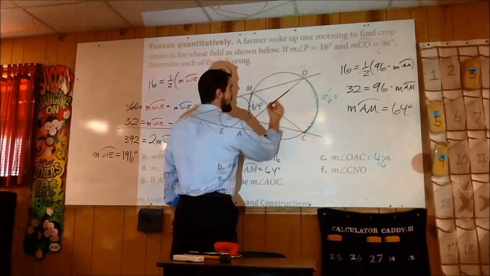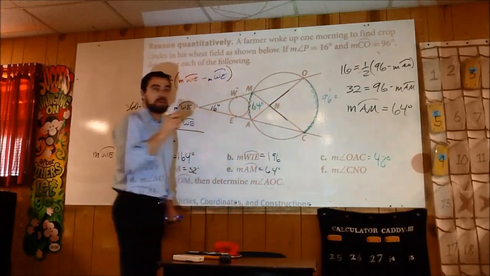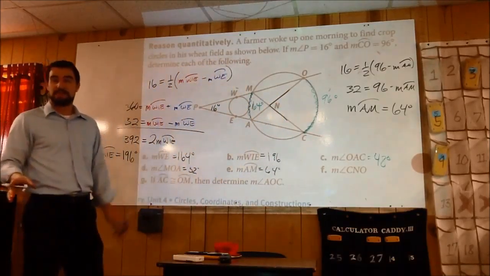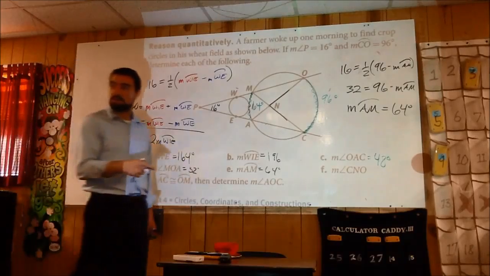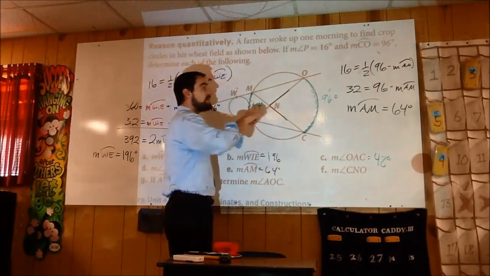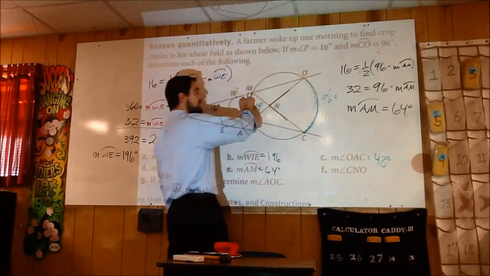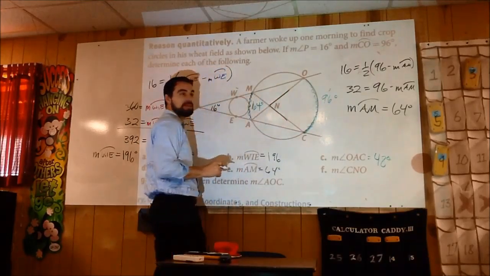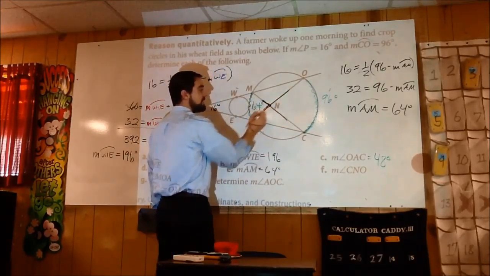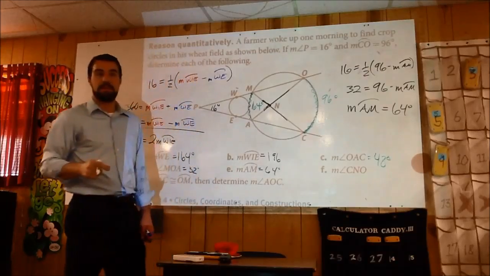C and O is an angle whose vertex is inside the circle but not the center. When that happens, this angle is 1/2 the sum of these two intercepted arcs, because you have to look at both of them, because those are vertical angles and they're going to be congruent.